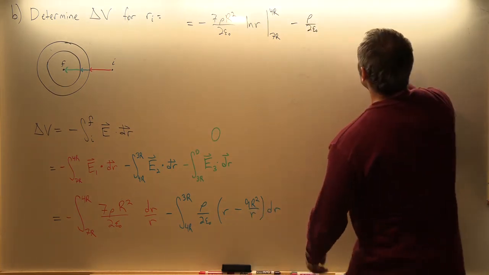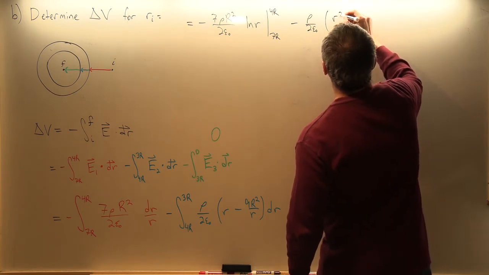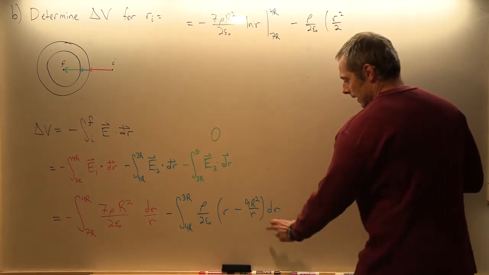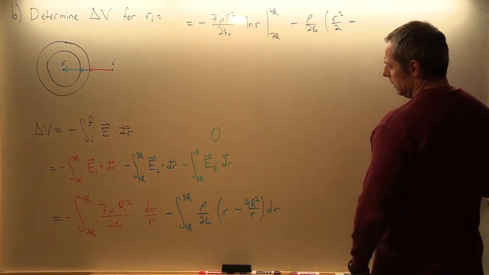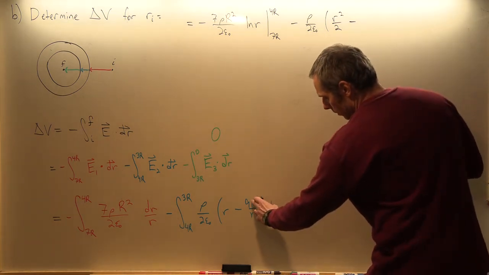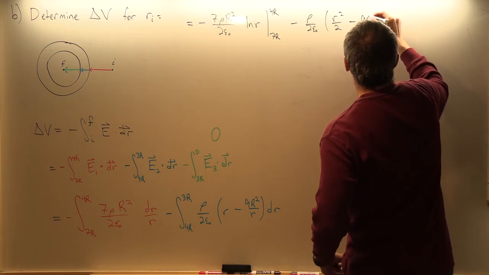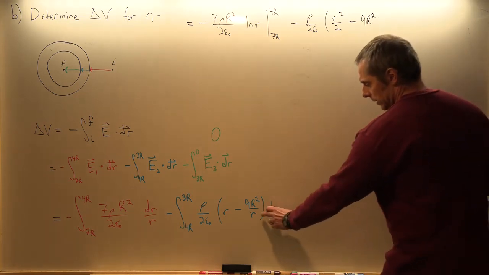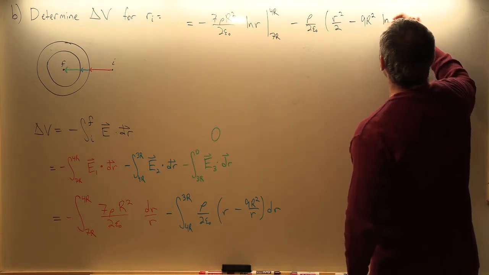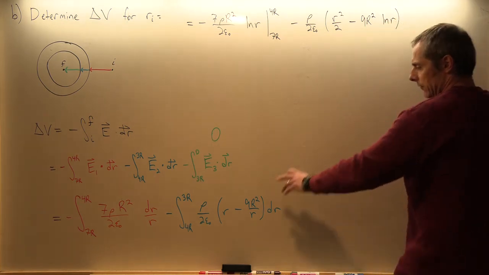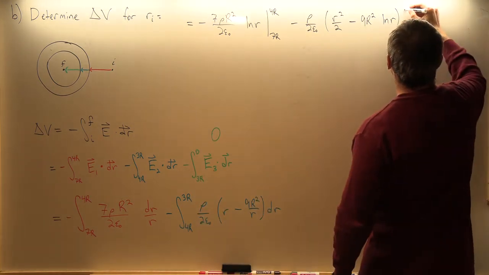R dr integrates to r squared over 2, and then minus the 9 r squared is a constant, but dr over r integrates to, again, natural log of r. And we have to evaluate from 4r to 3r.